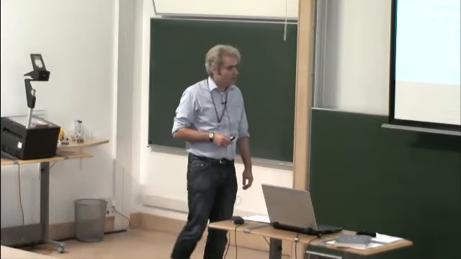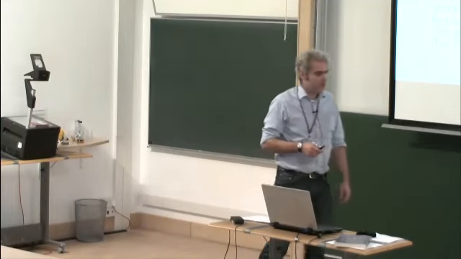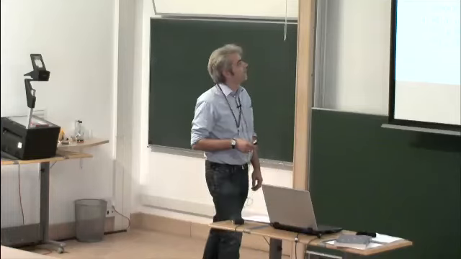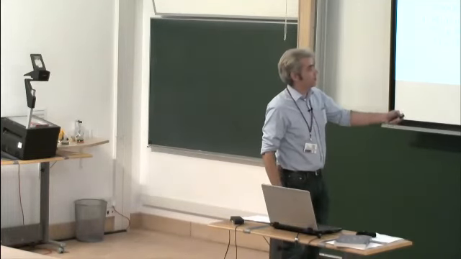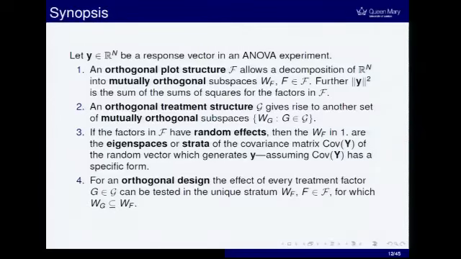Now if we assume that our plot factors have random effects, and if we also make a specific assumption about the form of the variance-covariance matrix for our responses, which is not very restrictive, then those W spaces coming from the plot structure are the eigenspaces of the variance-covariance matrix.